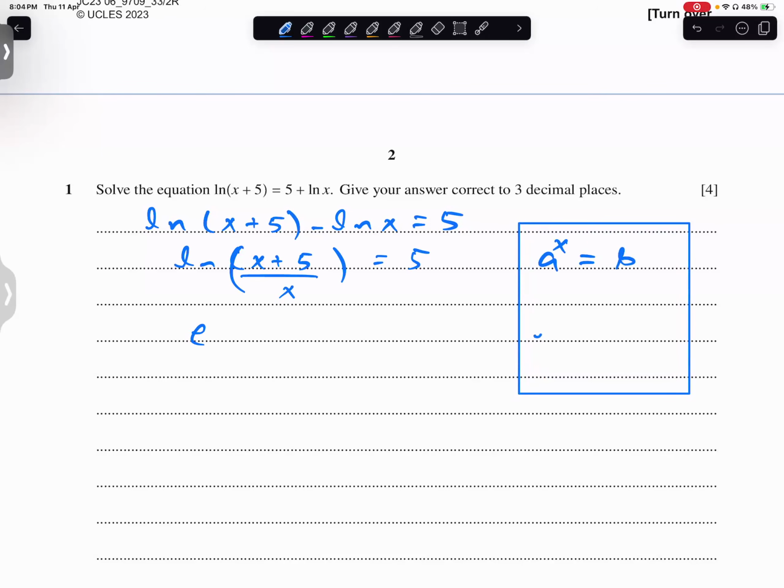So if you convert it into log, you will write log of b with base a is equal to x. Okay. So now you will write e raised to power 5 is equal to (x + 5) divided by x.